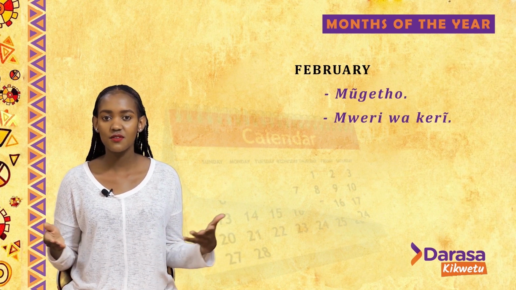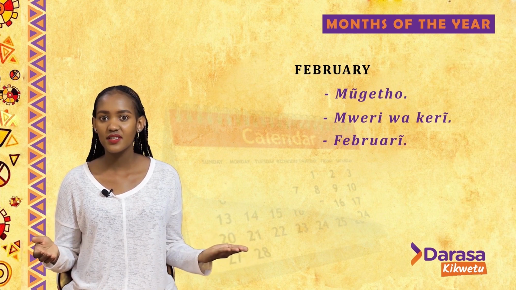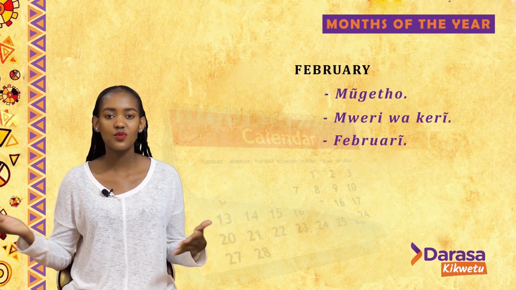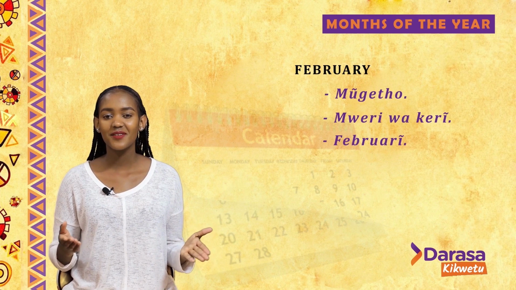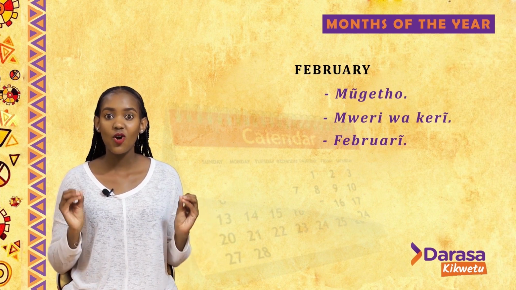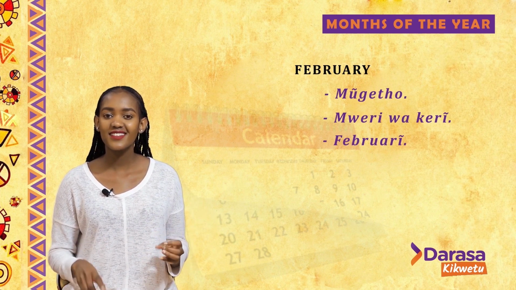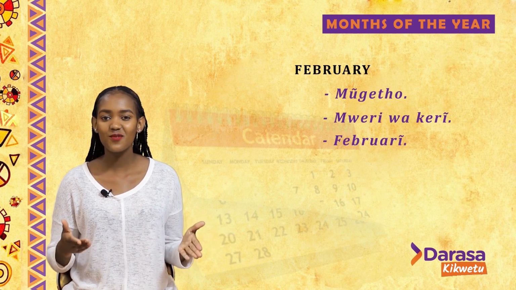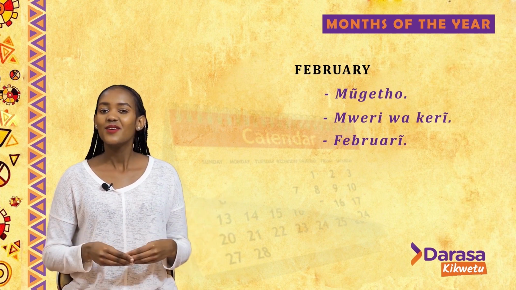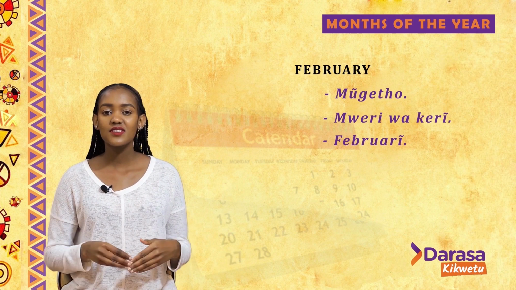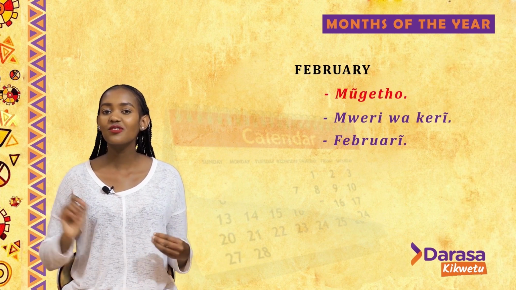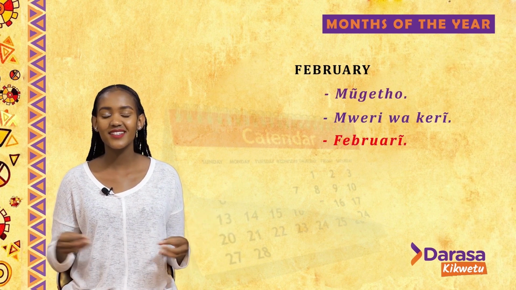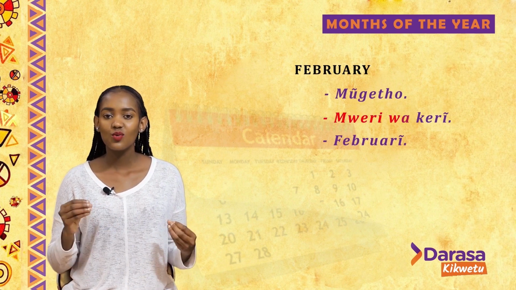Or you can always say February. Some people say February. It's still okay, because I'm sure all Kikuyus understand that January is January, February is February. So if you don't remember Mugedo, you can always say February or Mweri wa Keri.